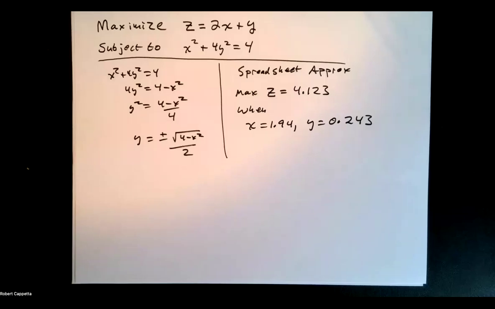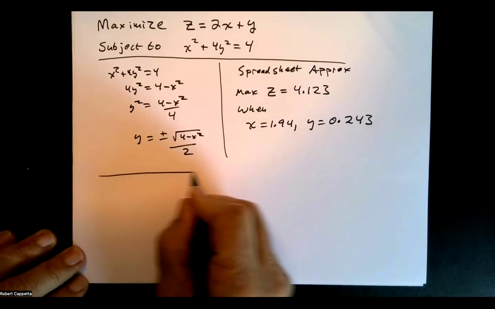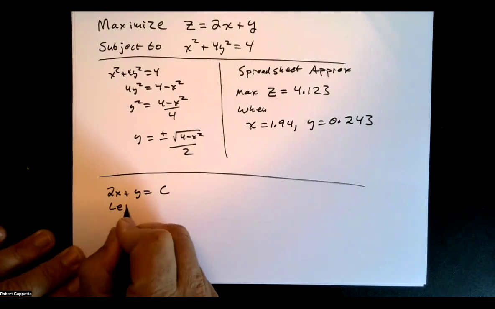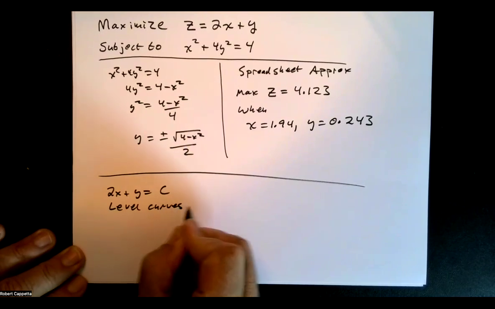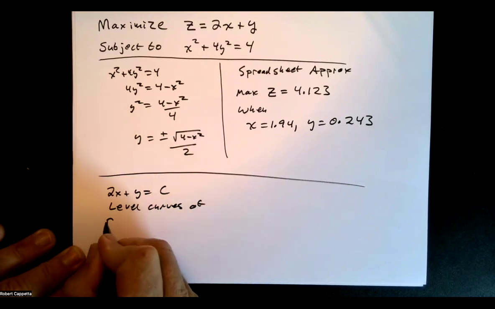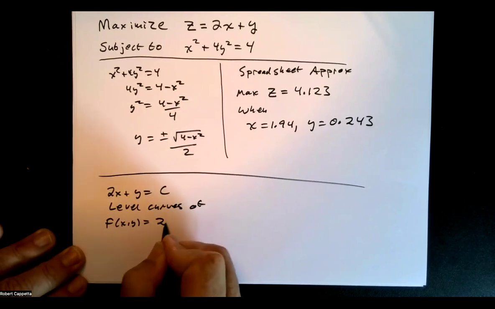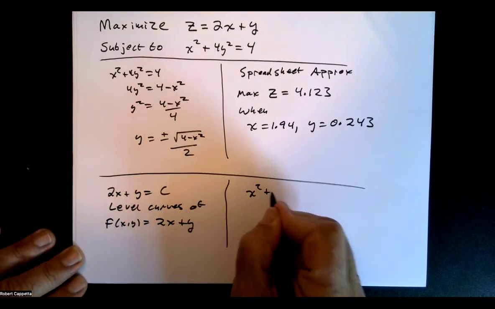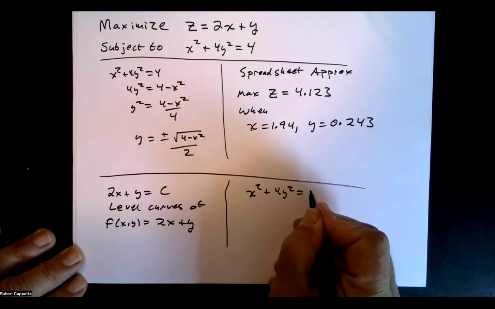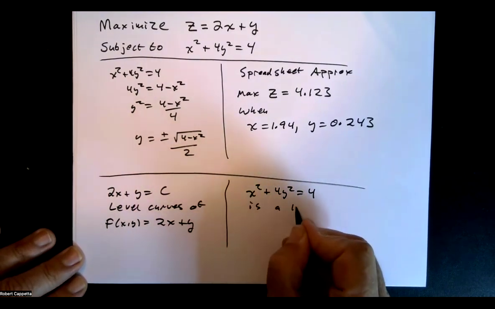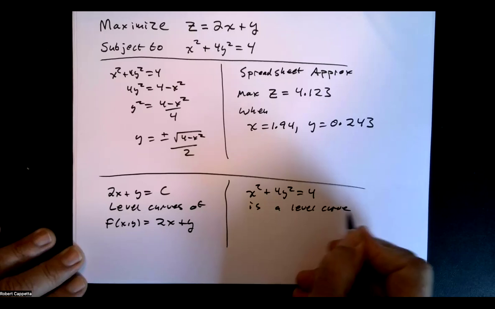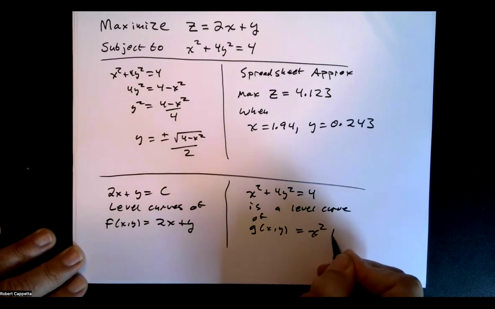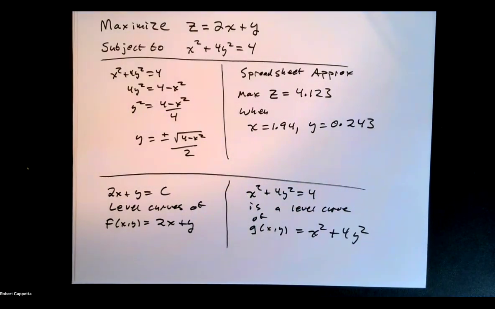So let's take a look at what we have here. We have level curves of what form? 2x plus y equals c, our level curves of f of x, y equals 2x plus y, and that ellipse that we had, x squared plus 4y squared equals 4, is a level curve of g of x, y equals x squared plus 4y squared.